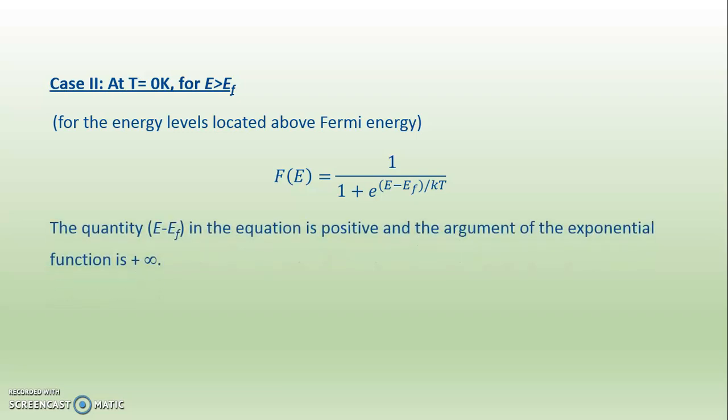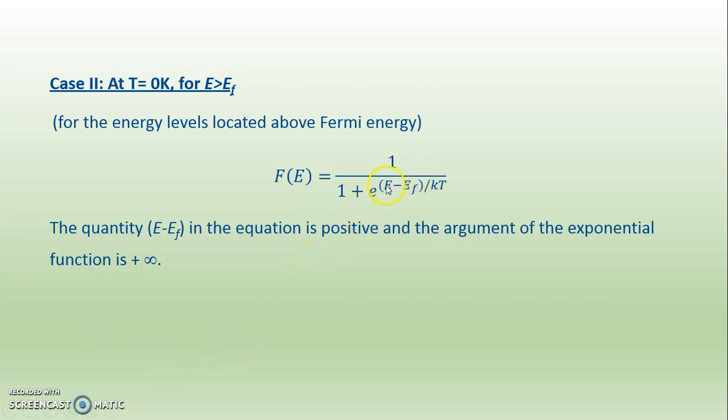So first, again see the Fermi-Dirac probability distribution function: f of E is equal to 1 upon 1 plus e raised to (E minus EF) upon kT, and when the energy level is greater than EF, the quantity E minus EF is positive.